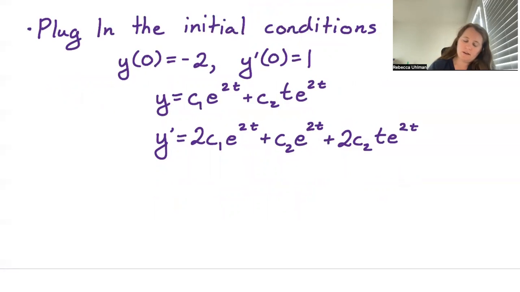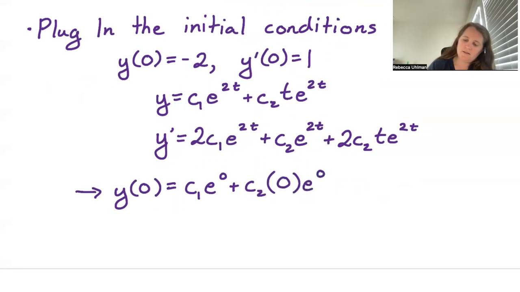If we set y of 0 equal to -2, we have y of 0 is c1 times e to the 0th plus c2 times 0 times e to the 0th. The second term just goes to 0, and we know this is equal to -2. We wind up just getting c1 equals -2.